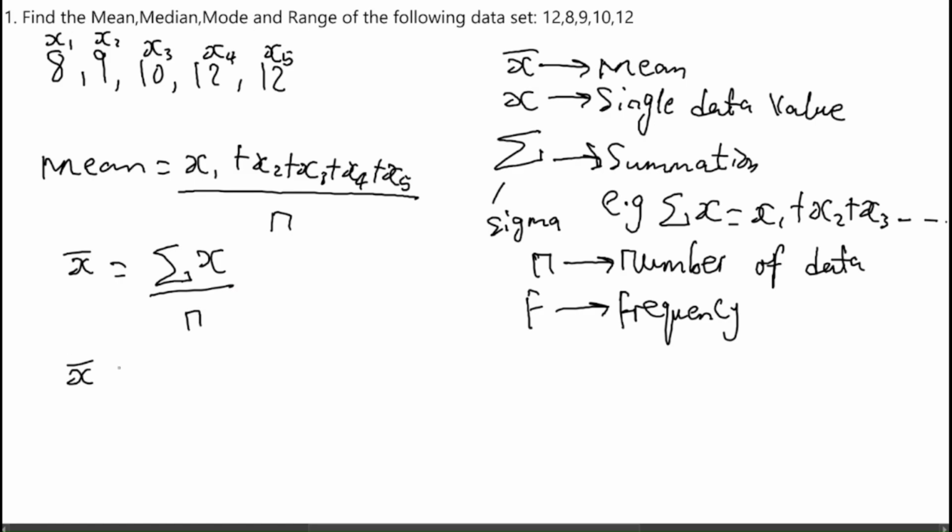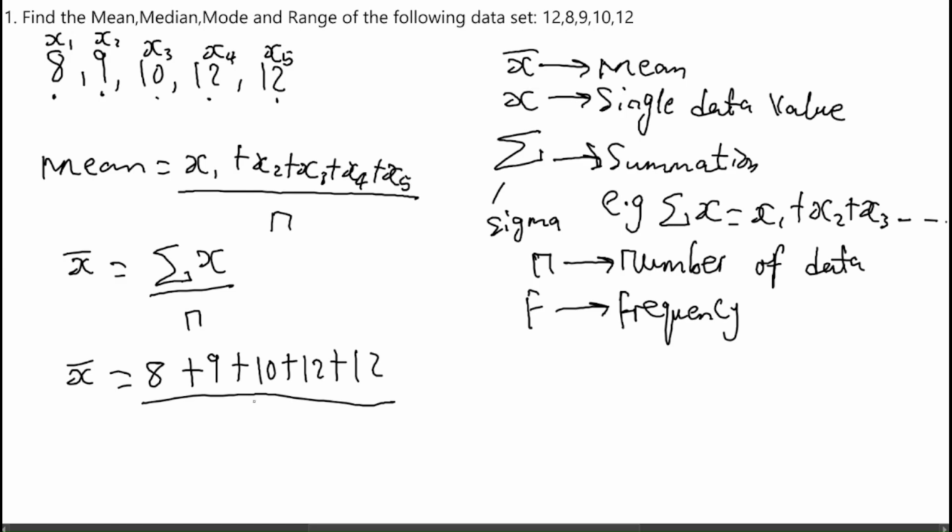Now, the mean is equal to, our x1 is 8 plus x2 is 9 plus 10 plus 12 plus 12. Divide by the number of data involved. The number of data involved, let's count. 1, 2, 3, 4, 5.